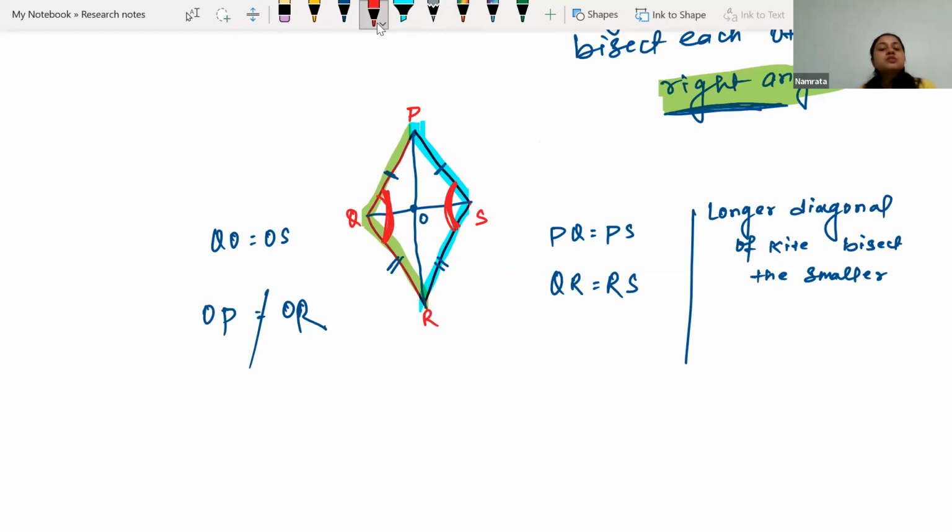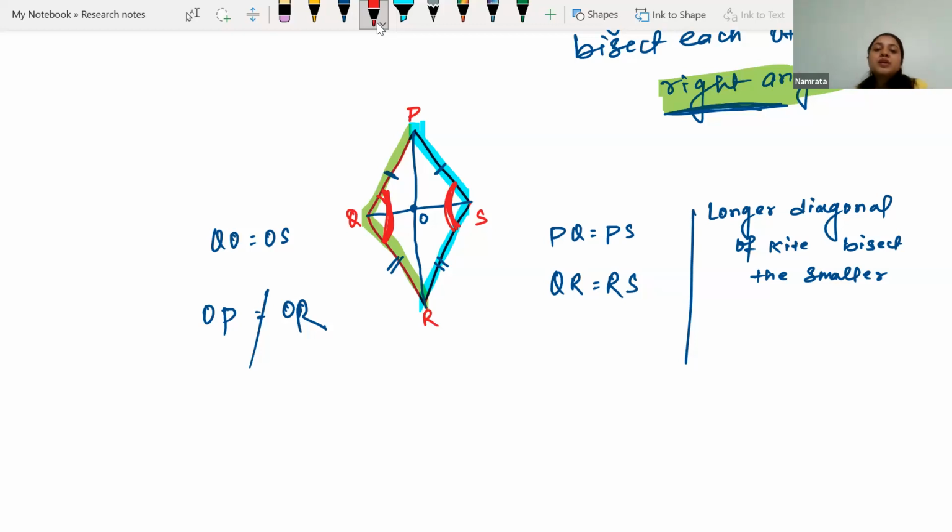So what's the total property of a kite? That there are two pairs of adjacent sides which are the same in length. That is the first property. The second property says the longer diagonal of a kite bisects the smaller diagonal. What does that mean? The smaller diagonal is only getting cut in equal parts.